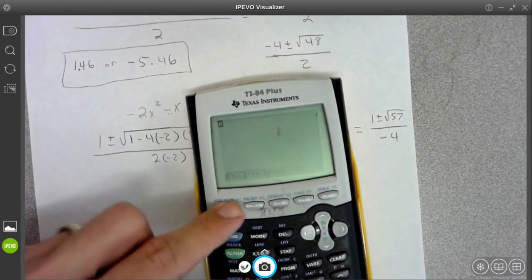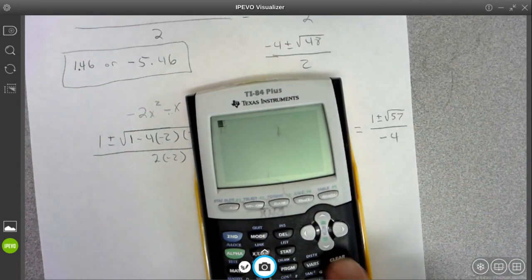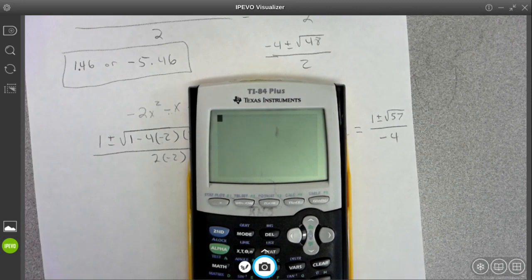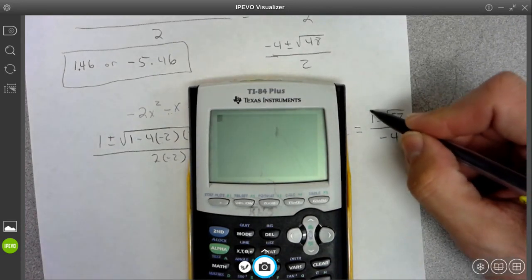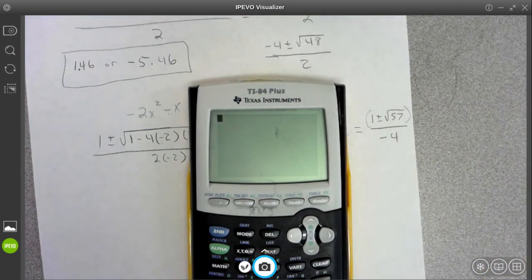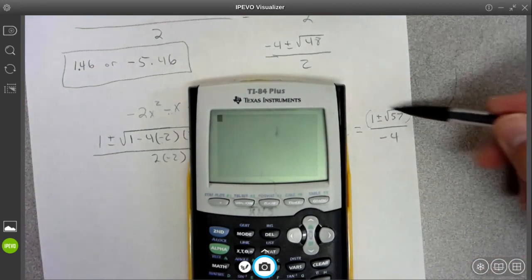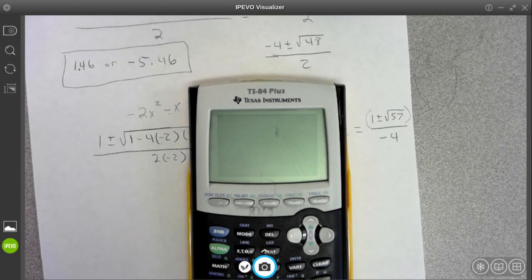All right, so we're going to do the decimal version again. So you could do the alpha y equals to type that in. I'm going to go ahead and show you the other way. You could wrap the top in a parenthesis right here. That way your calculator is going to do all of this divided by -4.